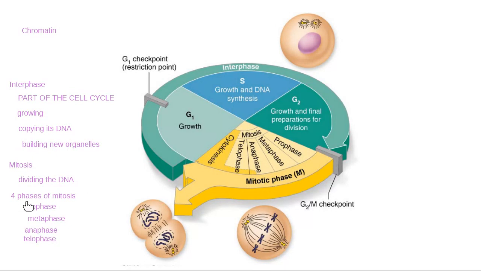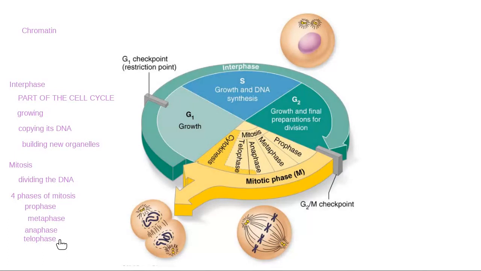I emphasize this with you because you're going to see homework questions that will say this part of the cell cycle is when something occurs, or this phase of mitosis is when something occurs. When I ask you about phases of mitosis, you only have 4 options: prophase, metaphase, anaphase, telophase.